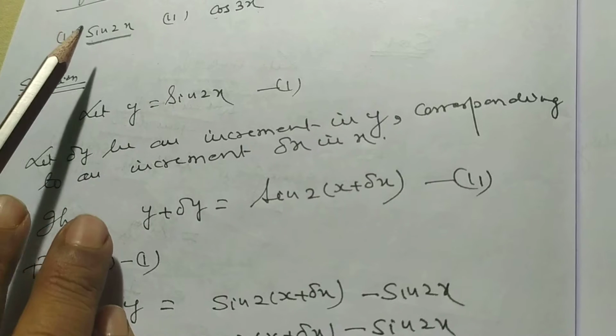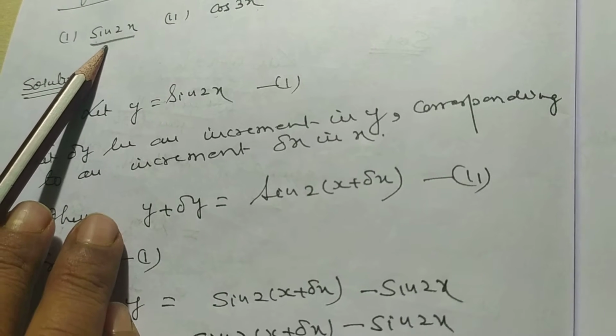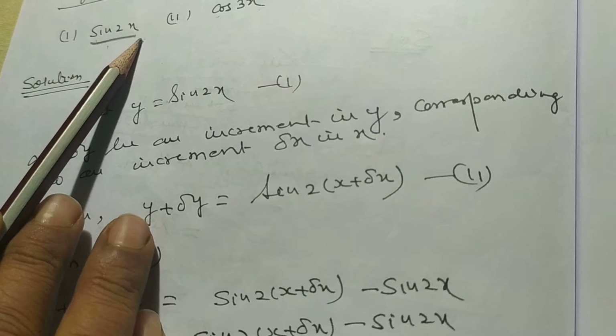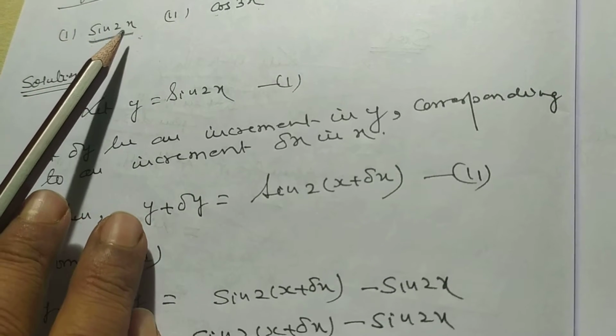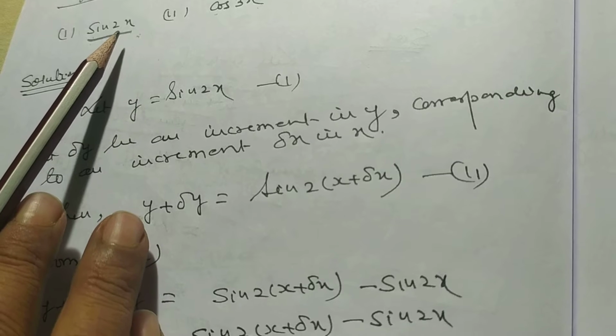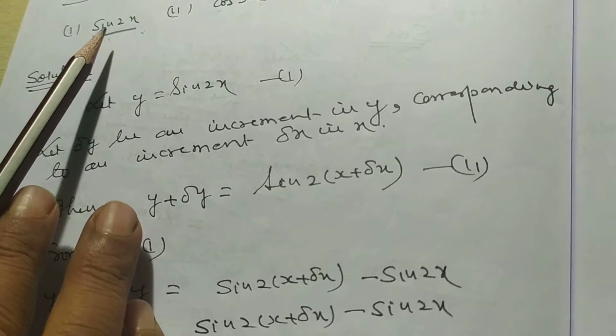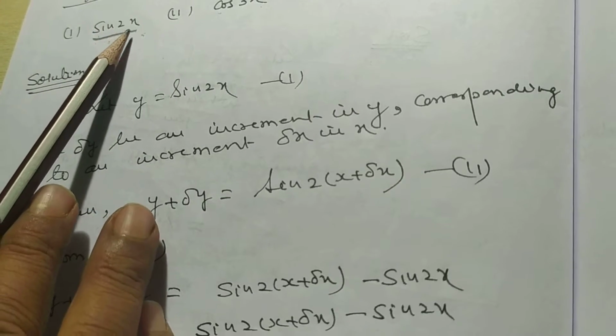2x? Suppose first you read it in this way, sine of angle 2x. Whenever we differentiate the sine or any trigonometrical ratio, first we differentiate the trigonometrical ratio, then the angle.